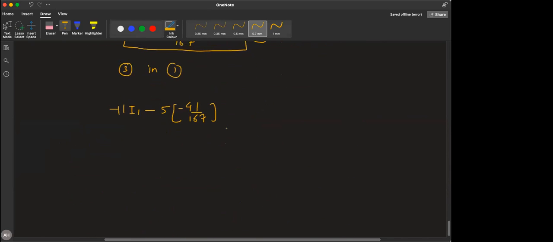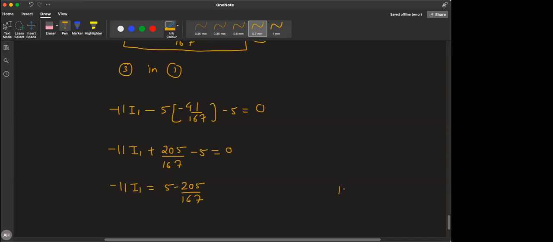And then minus 5 is equal to 0. So we have minus 11I1 plus 205 by 167 minus 5 is equal to 0. So yours minus 11I1 is 5 minus 205 by 167.